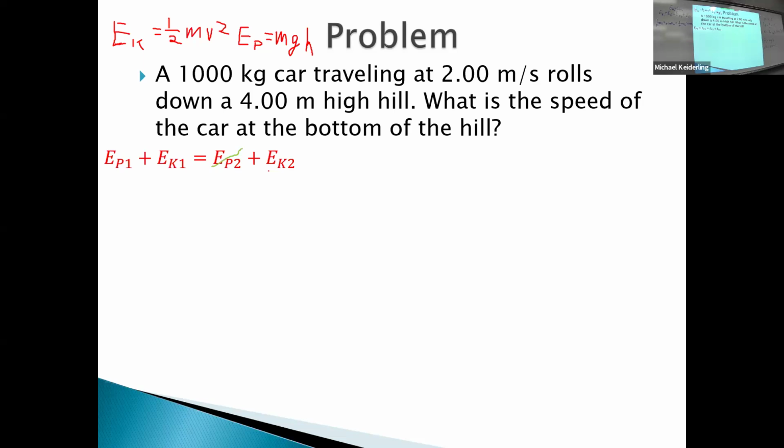Again, initially we have both potential energy and kinetic energy, and we convert all of it to kinetic energy.